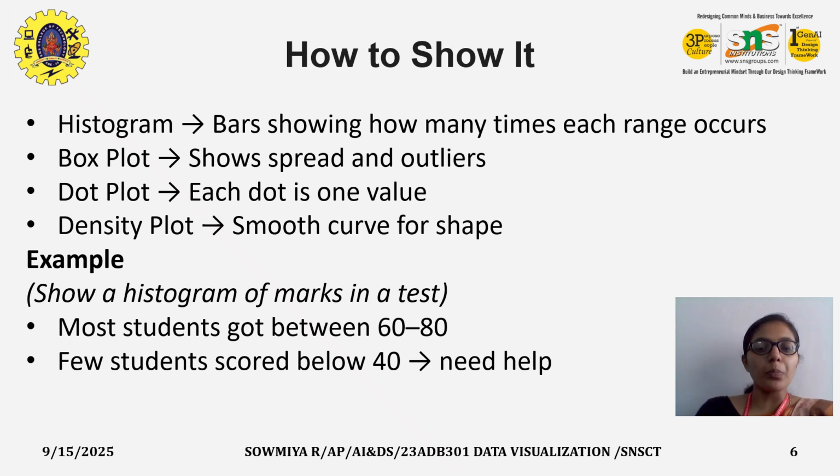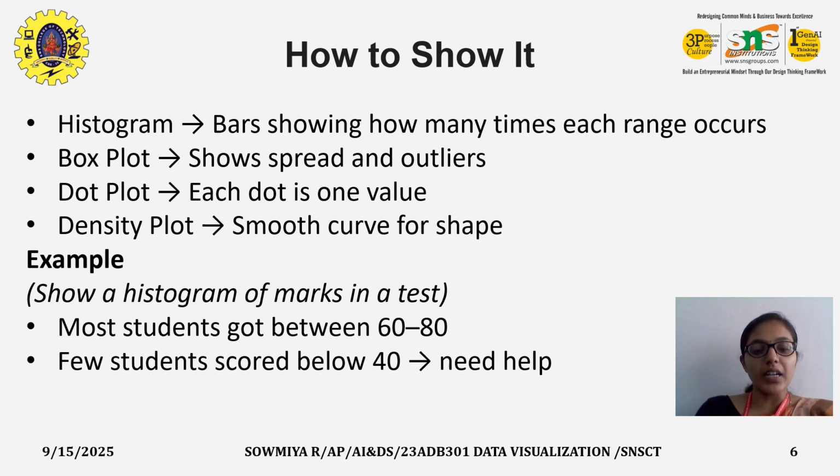Then dot plot. Each dot is one observation. This is useful when the data set is small. Then last one is density plot, a smooth curve that shows the overall shape of data, often used in advanced analysis. Imagine showing the marks distribution with a histogram. Most students may fall in the 60 to 80 range, while a few below 40 need extra attention. Visualization makes these insights instantly clear.